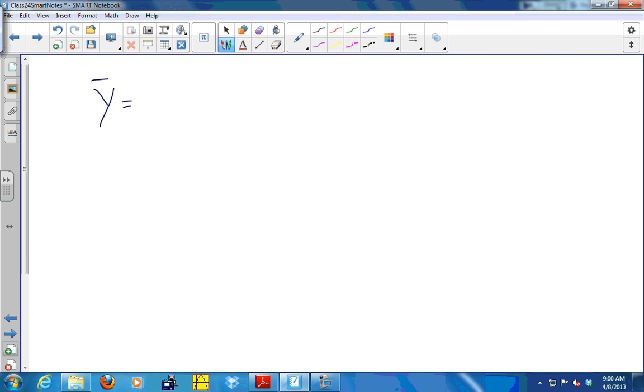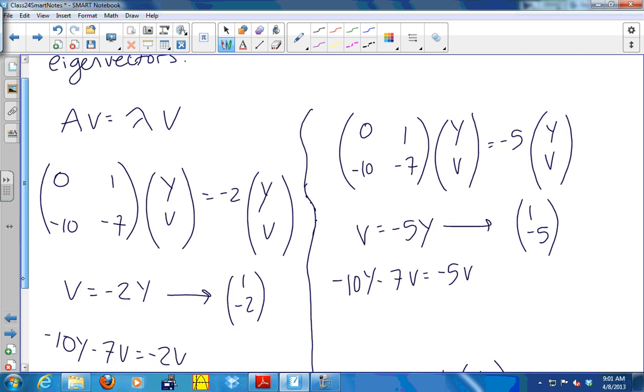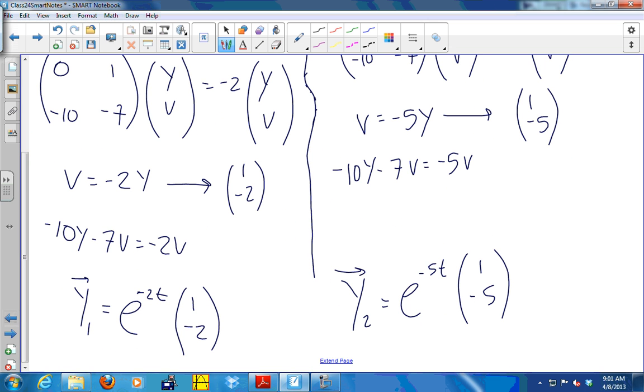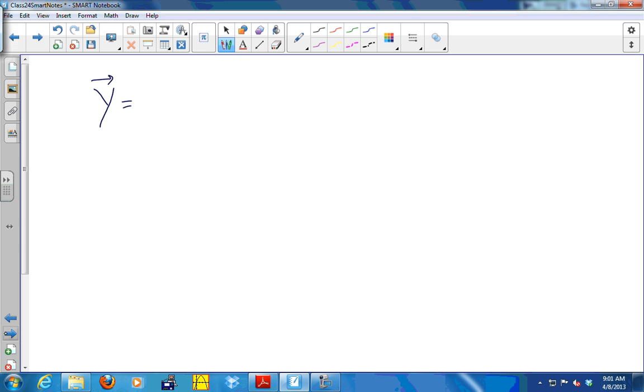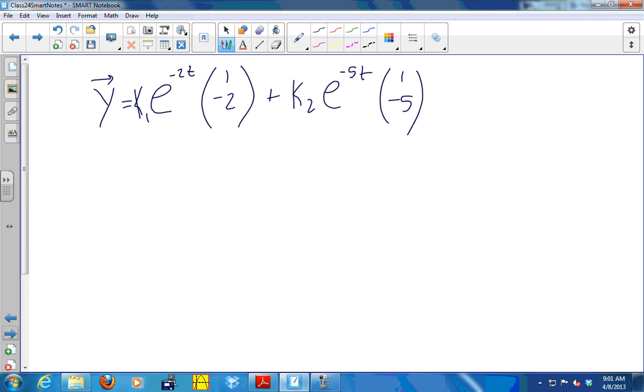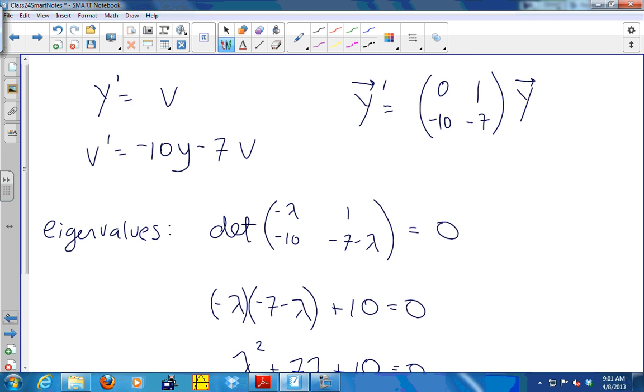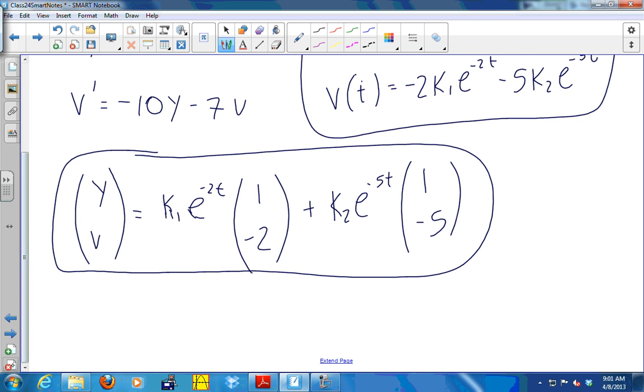So y is k1 e to the -2t 1, -2 plus k2 e to the -5t 1, -5. General solution. And that is exactly what we got by doing lucky guess, without eigenvalues and eigenvectors.